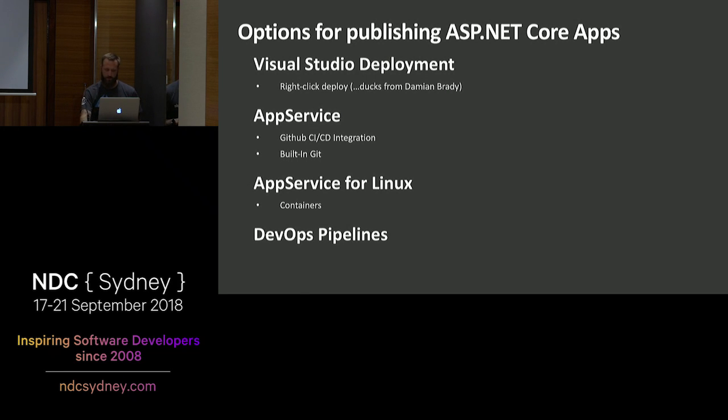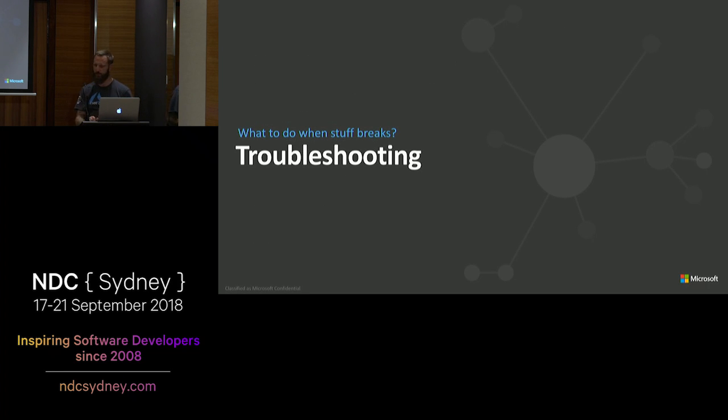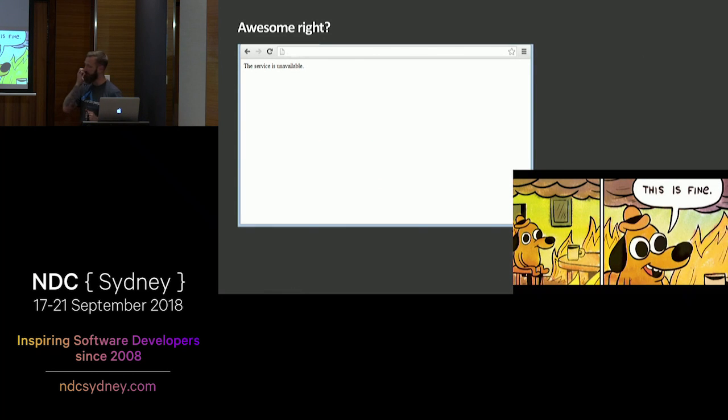Okay. So, troubleshooting. My favorite screen that comes up: Service is unavailable. We've already seen some failures already. One of the scenarios that actually came up with this workshop, not the one we saw, was I was trying to publish the app using the DevOps pipeline, and I kept getting an error, and I didn't know why.